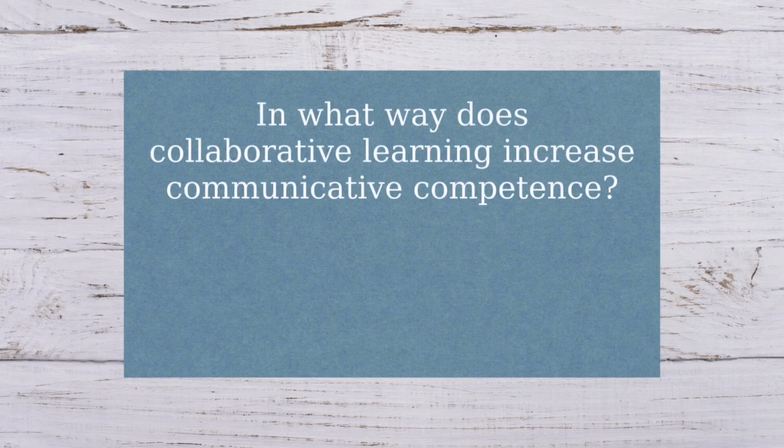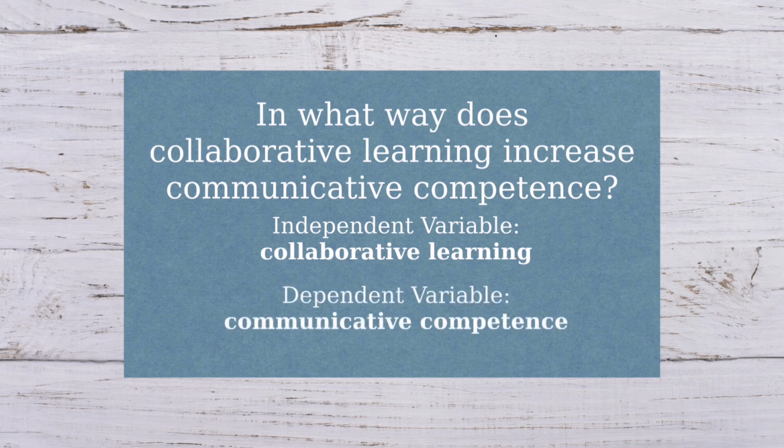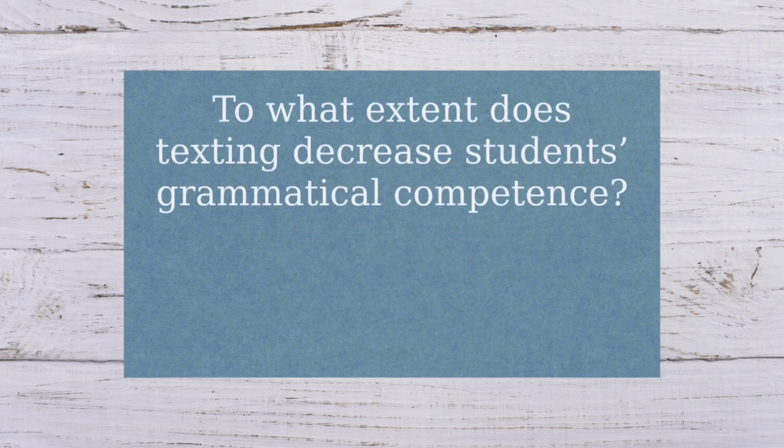Question number 2. In what way does collaborative learning increase communicative competence? In this question, collaborative learning is the independent variable, while communicative competence is the dependent variable. Last question.